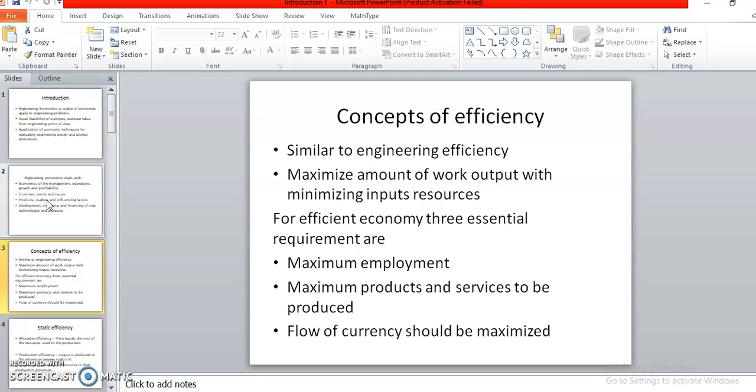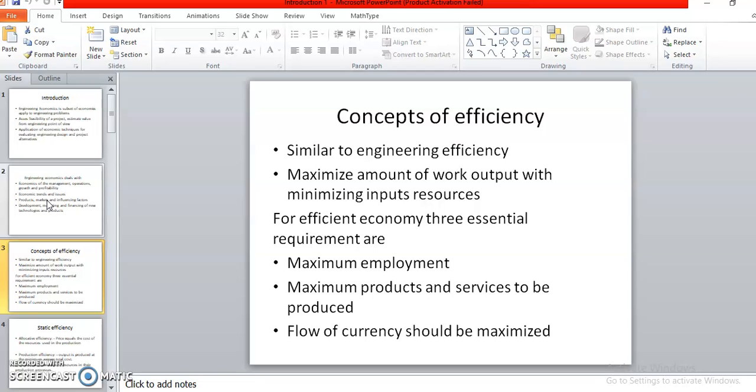So in this efficiency term, we can maximize the amount of work output while minimizing input resources, maybe in terms of manpower, or other resources, maybe labor costs, or fuel, or the cost of raw material.